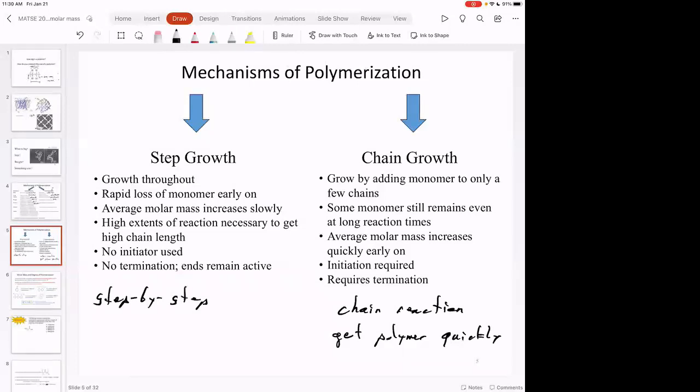And when you think about just taking one foot in front of the other, step by step, I get to where I'm going pretty slowly. And so you can think of taking small steps at a time. We get polymer slowly.